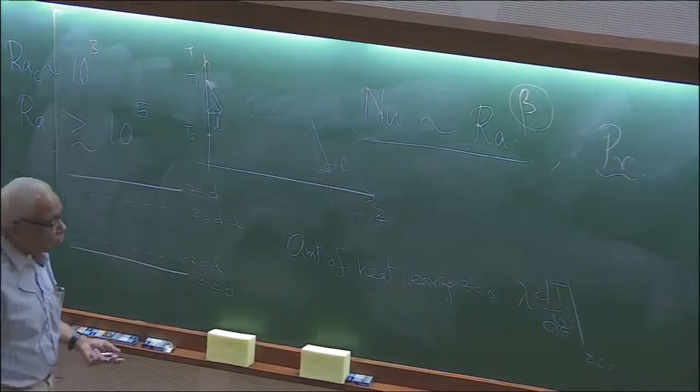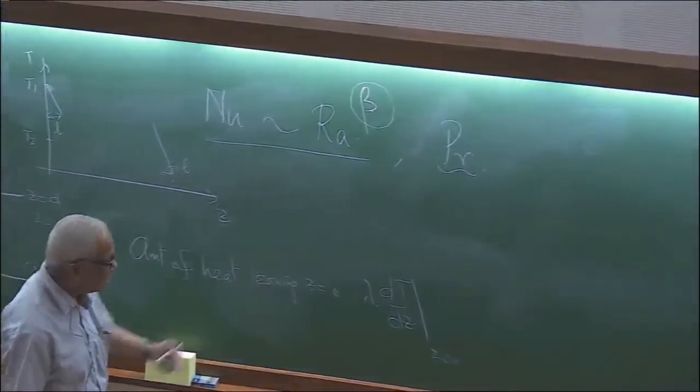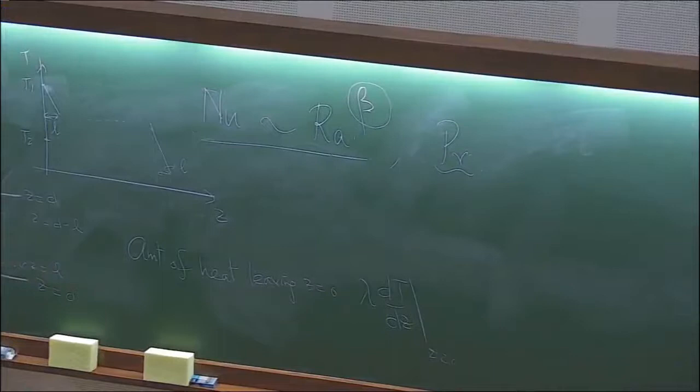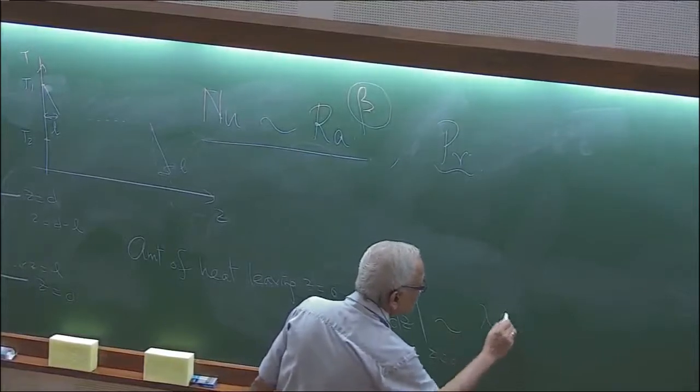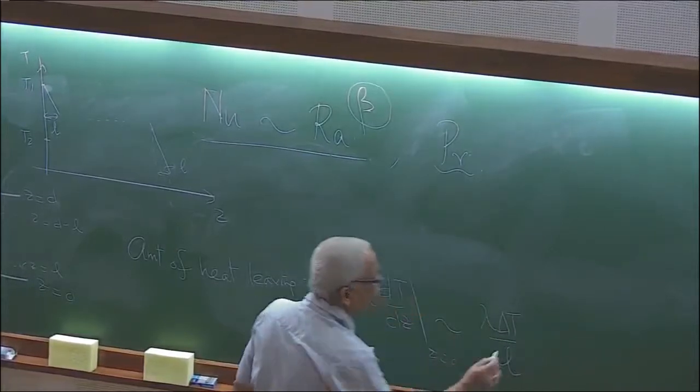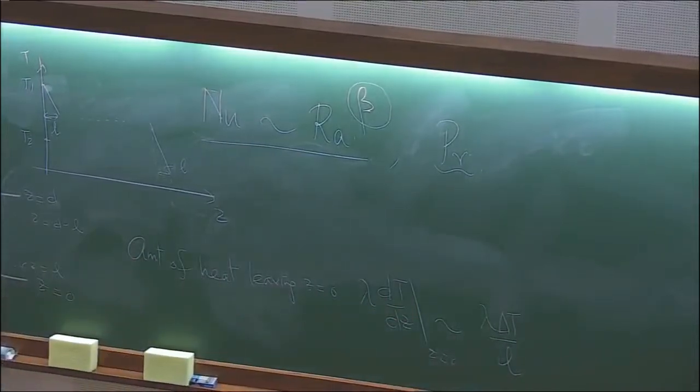And what is this dT/dz at z equal to 0? If L is small enough, then this is like lambda delta T over L. And what is conducted from here to here? The conducted amount is always delta T divided by d. This is the amount of heat conducted regardless.